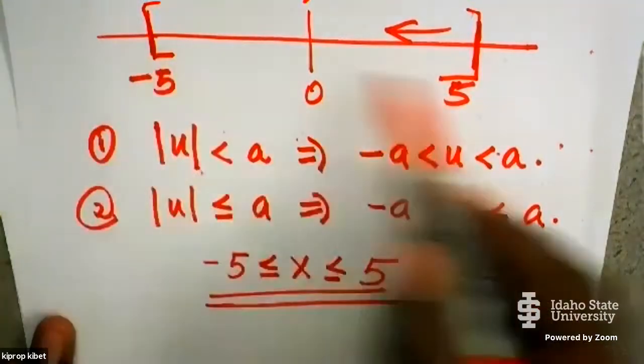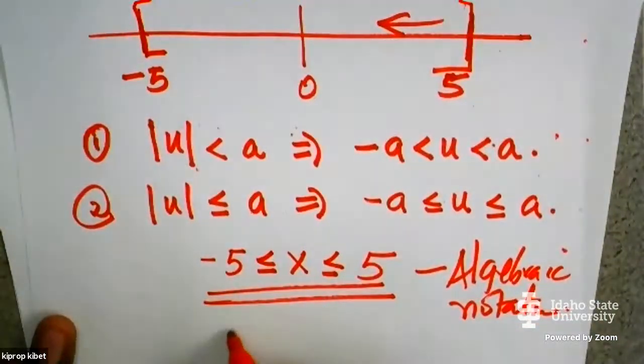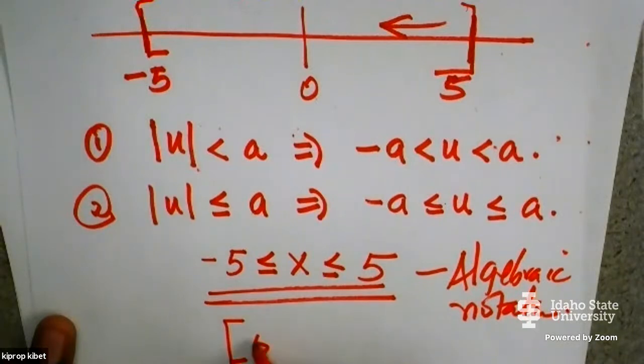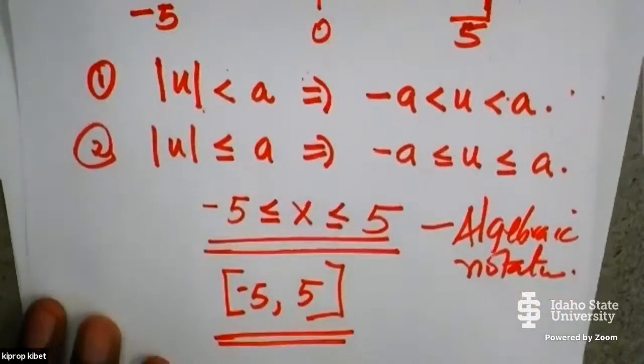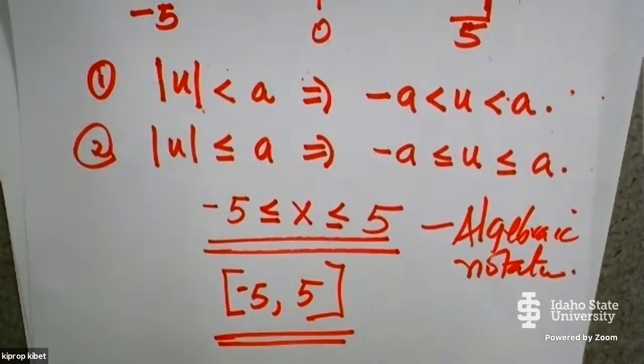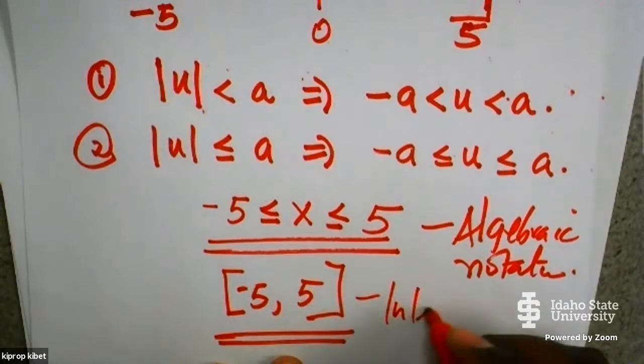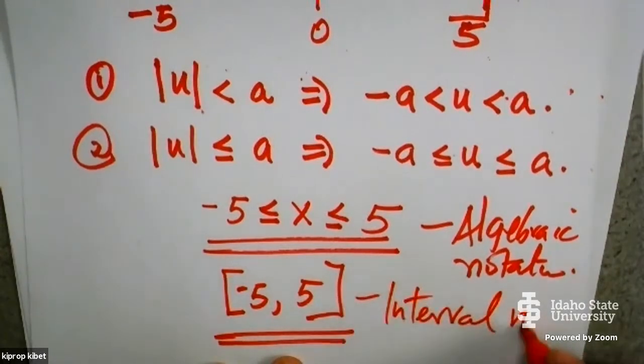So it will be brackets minus 5, and then 5 there. And that will be our interval notation. So this is the interval notation, and this one is the algebraic notation.